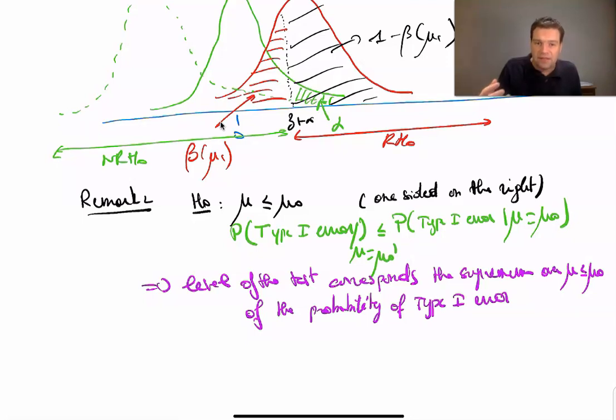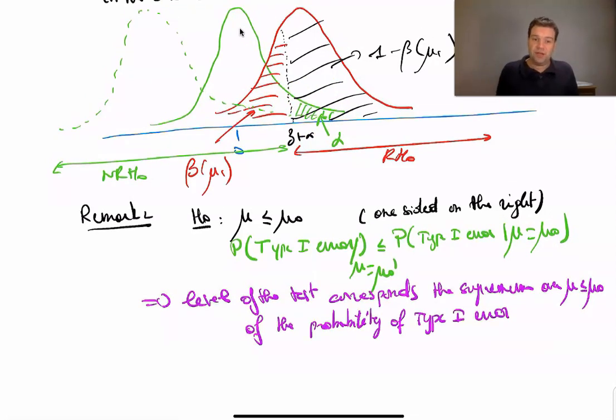And in this case, this is the supremum over all the mu's that are smaller or equal to mu naught. It's really simple because this supremum is exactly the probability computed with the solid green curve, which is here.